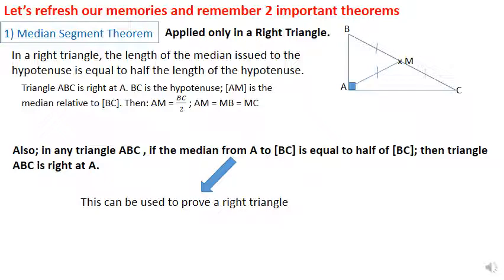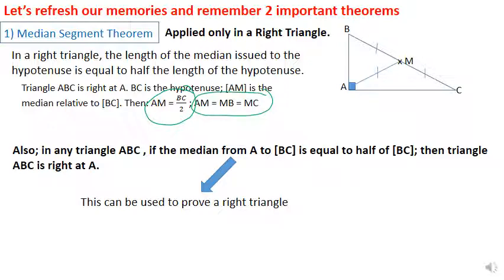So AM, the median, is always equal to the hypotenuse BC over 2, where AM is equal to MB is equal to MC. Okay, so every time the median is going to be half the hypotenuse.